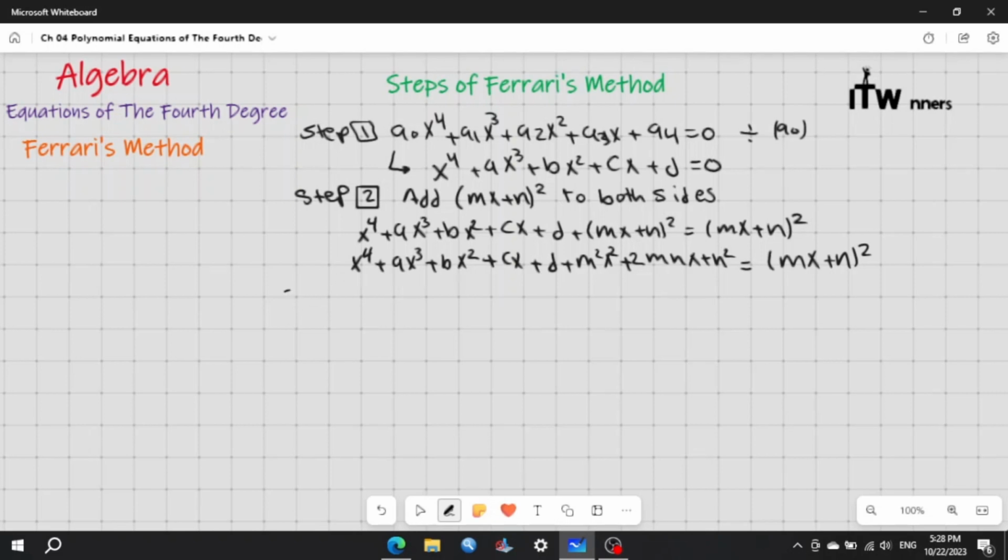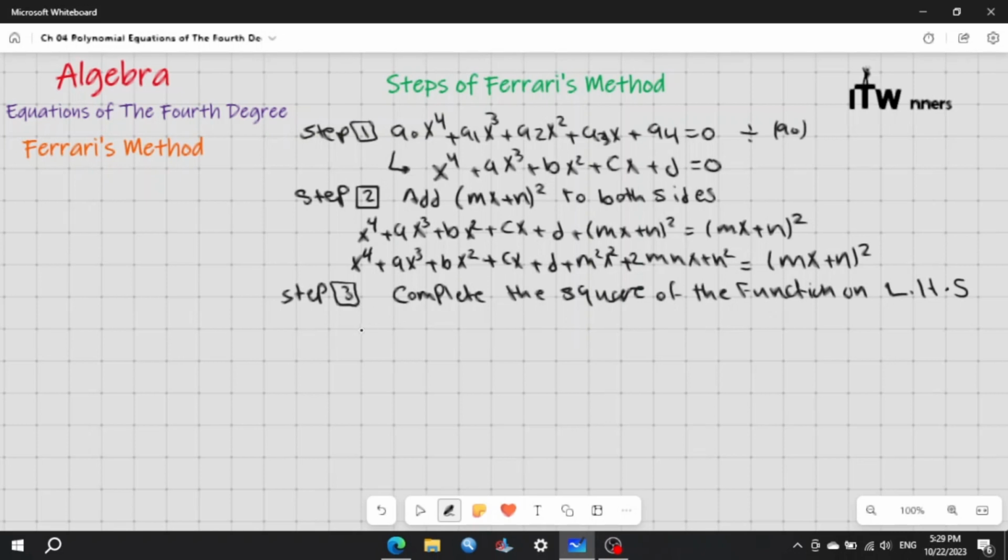Okay, so let's move to step 3, which is to complete the square of the function on the left hand side. Any equation of the fourth degree can be completed to the square like that.